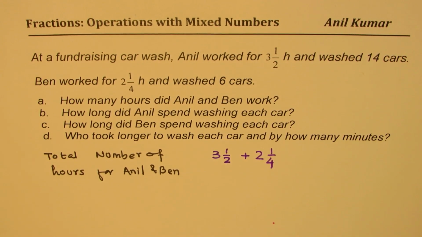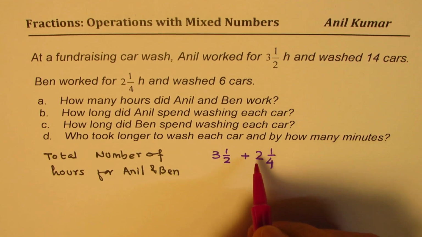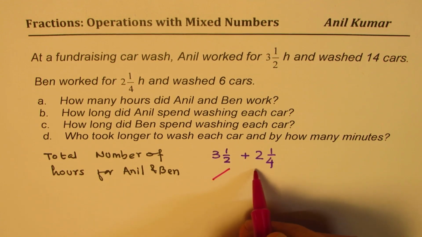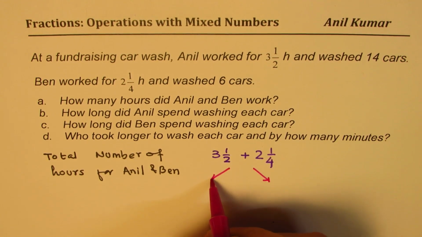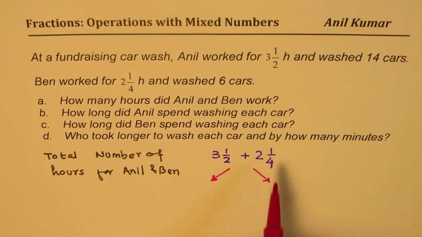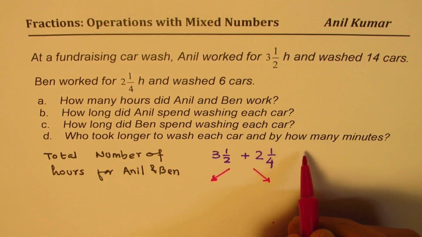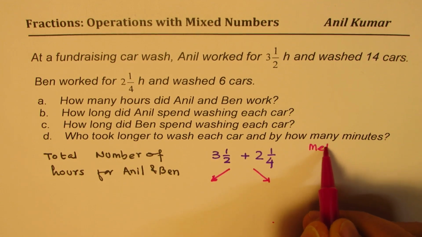So in this addition, there are different ways to do it. We'll talk about 2 different methods here. One method is add the whole numbers, right? So we'll say method 1.